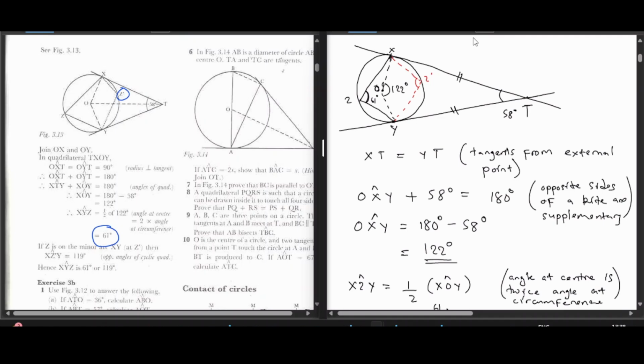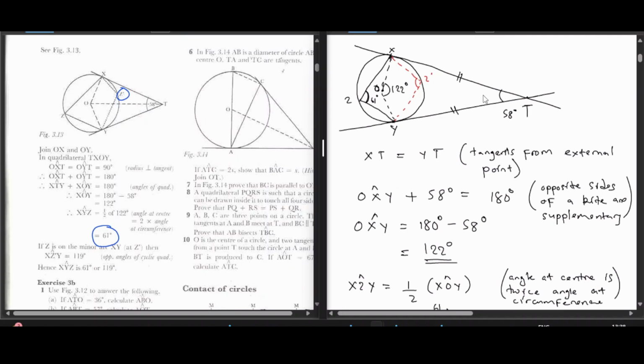But to make up a kite, we have to join certain lines to the center, which is O. So we put in broken lines, joining X to O and Y to O, and we have a kite. Then we know from what we learned about the kite that opposite angles are going to be supplementary, or they add up to 180 degrees.